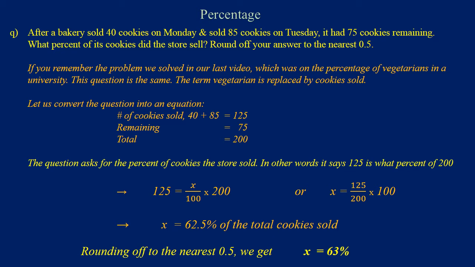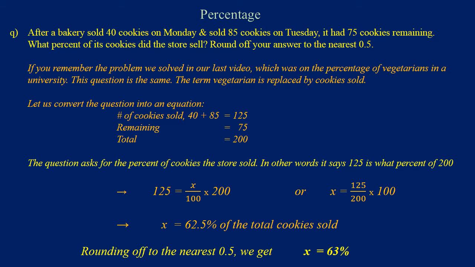Remember our high school days when we used to directly solve the questions this way, because our questions were very easy. So we would directly solve the question this way: 125 divided by 200 into 100. But to understand the question well, you should copy the statement and write the equation accordingly.